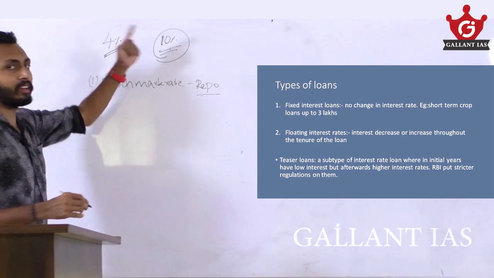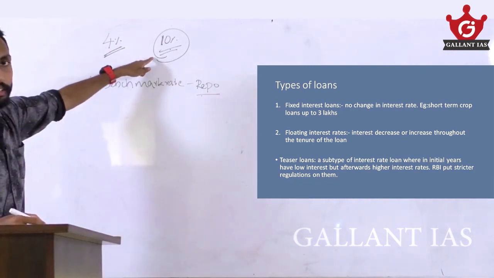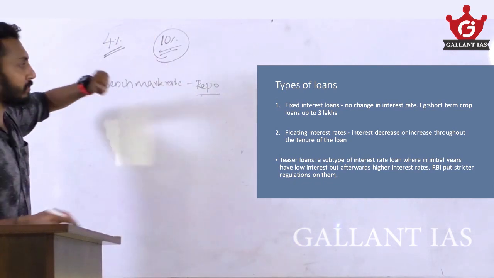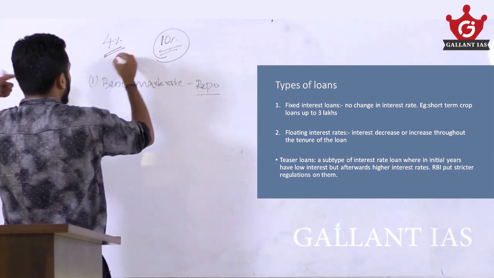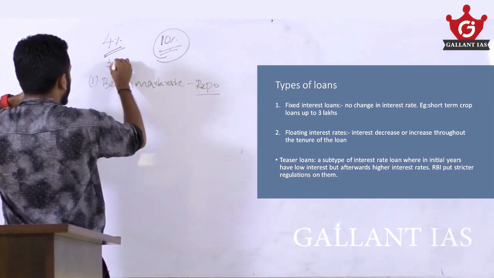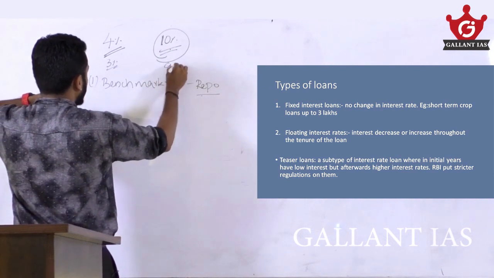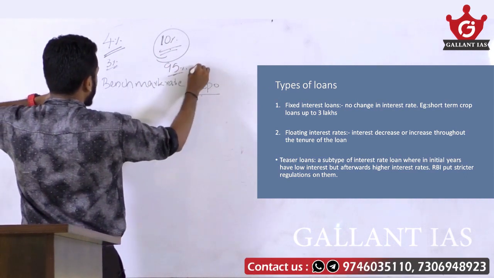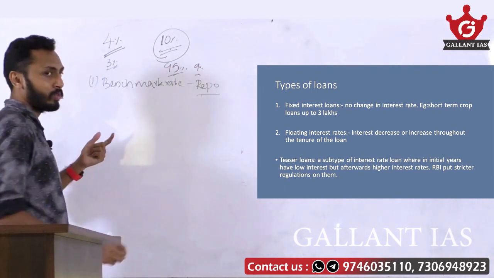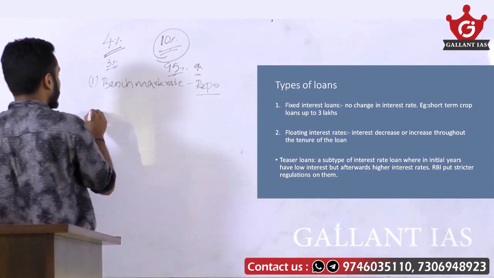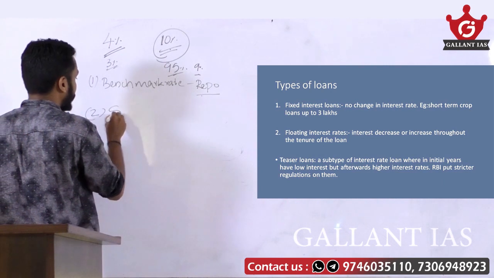So when the repo rate increases, it will affect the interest rate. When the repo rate decreases, if RBI decreases the repo rate to 3%, then this interest rate may decrease to 9.5% or 9%, etc., according to the decision of the bank. And the second thing is known as spread.